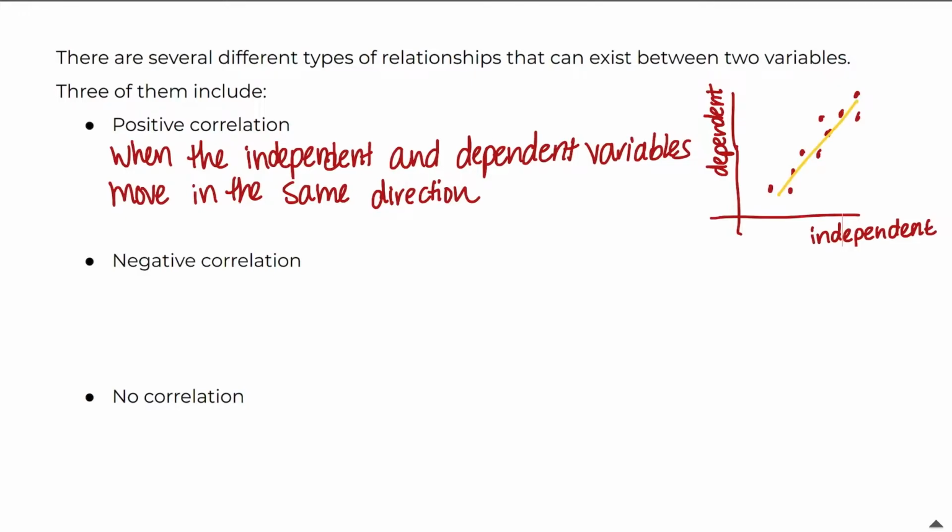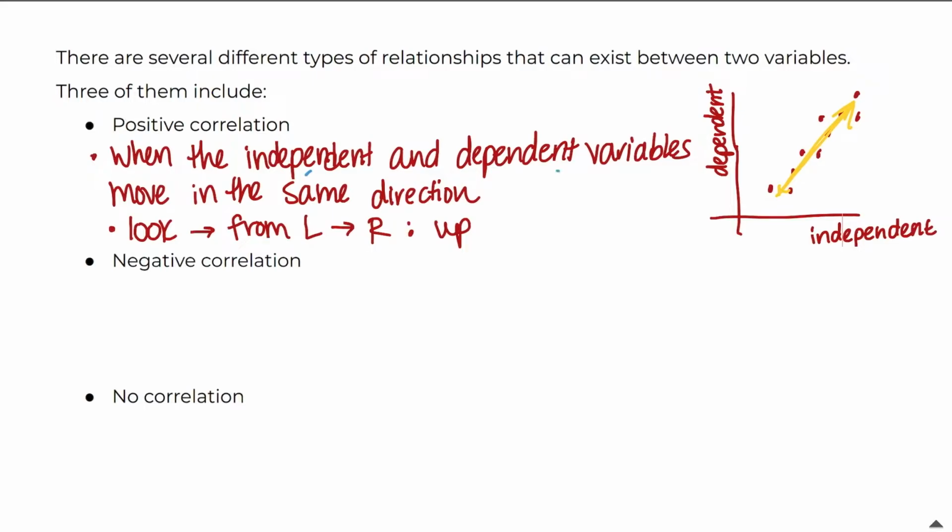As the independent variable is decreasing, your dependent variable would also decrease. So we can also look at it like this as well. Either way, it's still looking like a positive graph. And one important note is that the look of this will be from left to right, our graph will go up. So if you look here, from left to right, our graph is increasing.